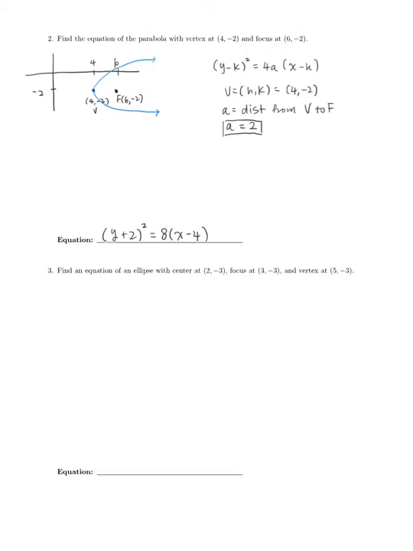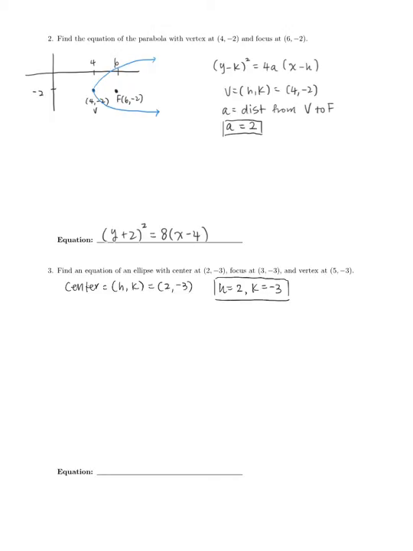All right, so the center is given by h, k. So this is going to be 2, negative 3. So h is 2, and our k is negative 3. Okay, now let me just box this.